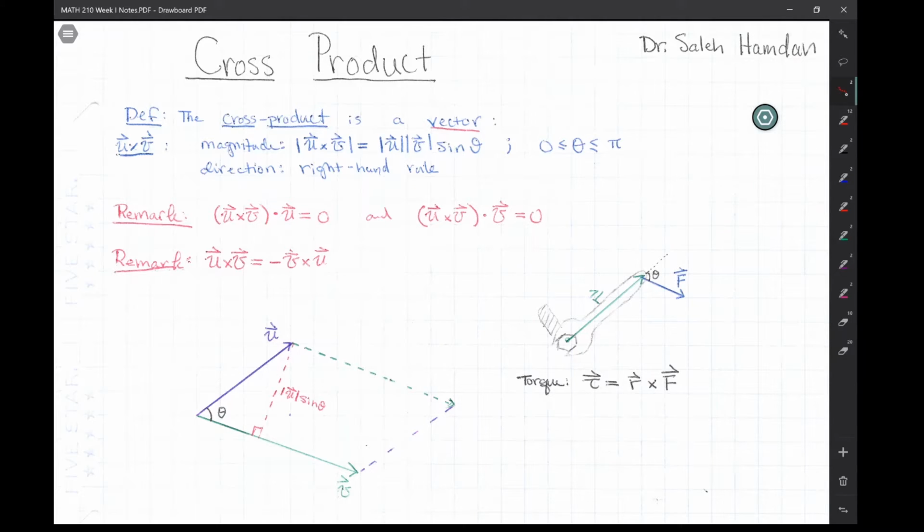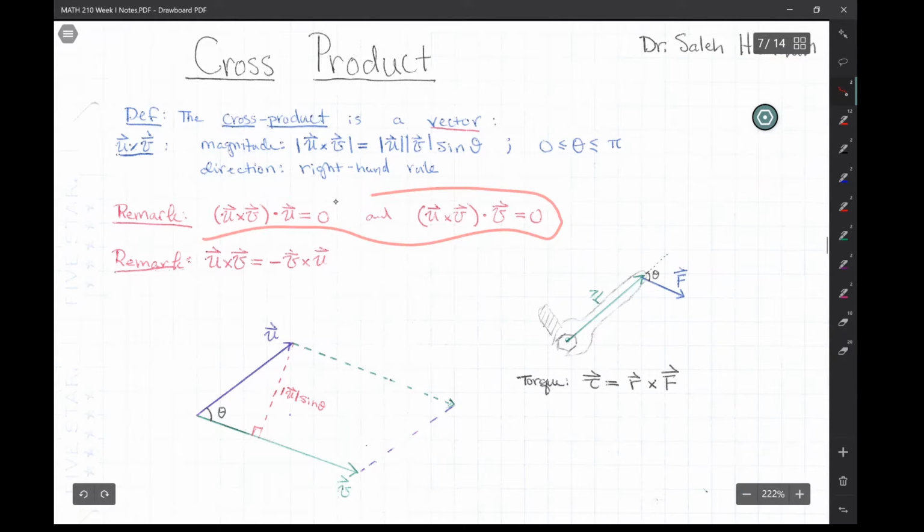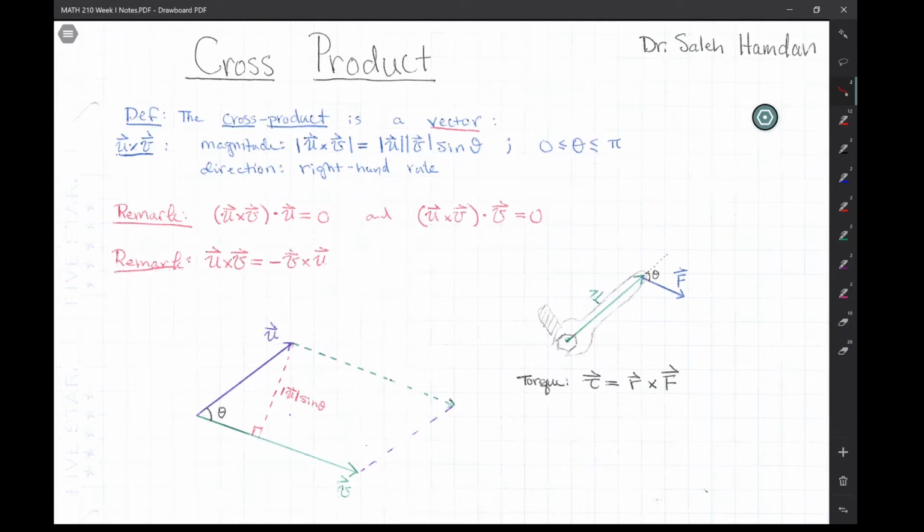And if u and v aren't parallel, which would give us a cross product of 0 because sine of 0 is 0, then they're going to span a certain plane. What this is telling you here, ladies and gentlemen, is that the cross product is perpendicular to the plane that the two vectors u and v would span.